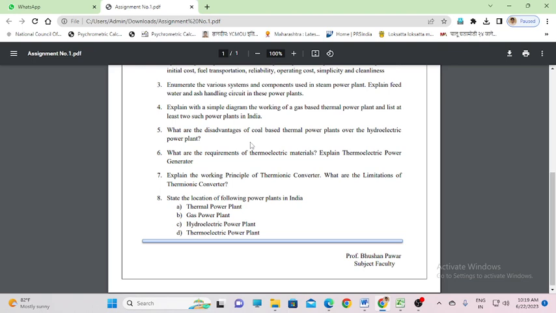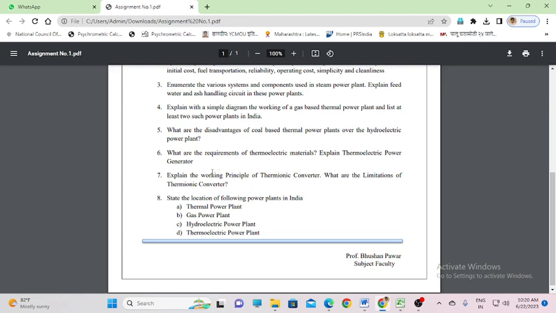Whereas in a hydroelectric power plant there is no combustion process, so we say we are protecting the environment by generating electricity in a hydroelectric power plant. Like that, you have to compare the disadvantages of coal-based thermal power plant over the hydroelectric.